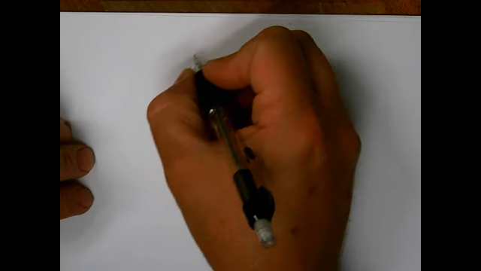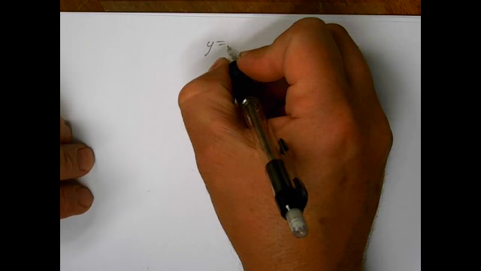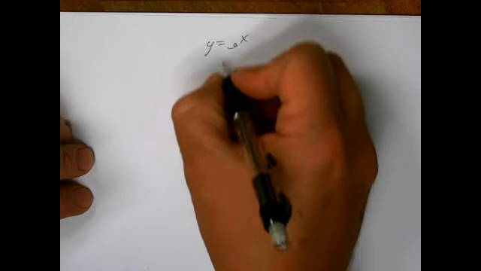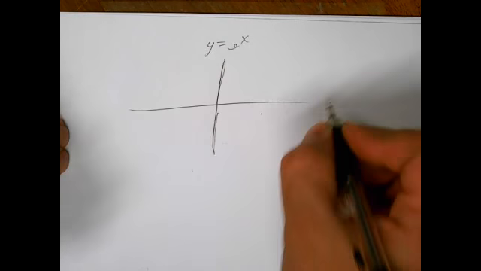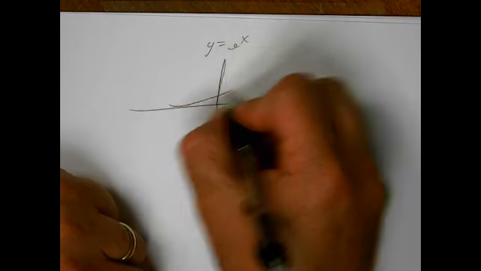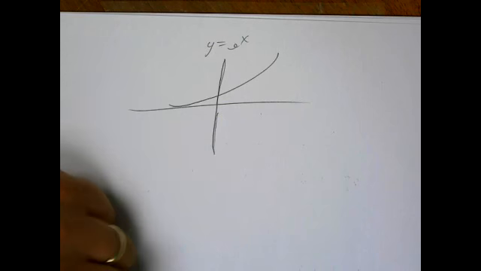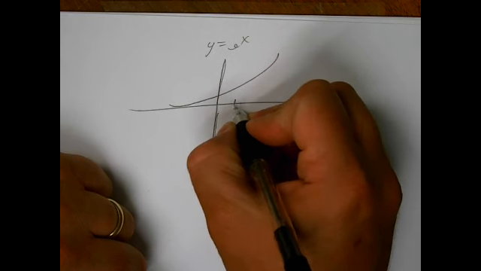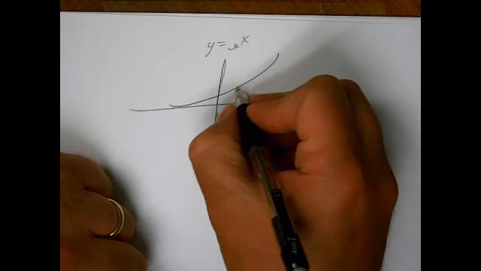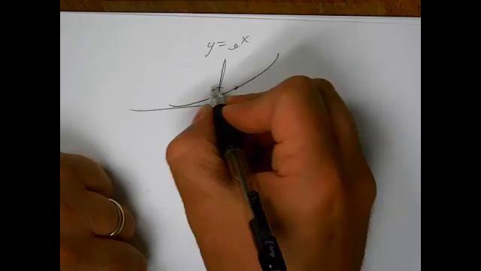If you graph y equals e to the x, that being an exponential with a base larger than 1, you will get exponential growth. If you look at this function at any location, and let's say you look at it at an x value of 1, the y value will just be e to the first power.